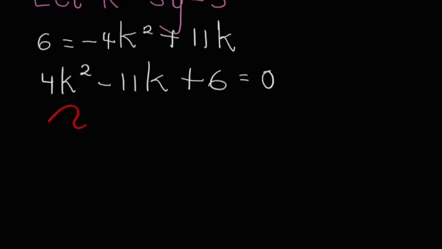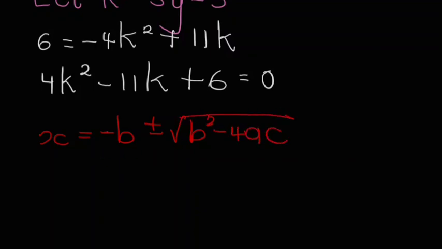Remember, the quadratic formula is x is equal to minus b plus or minus the square root of b squared minus 4ac all over 2a. Now, I know that the formula says x is equal to, but we're solving for k. So once we have these answers, we will say k is equal to.